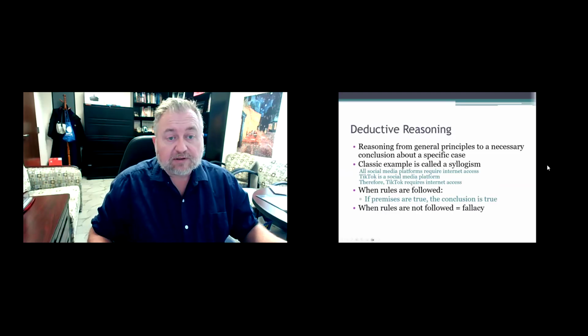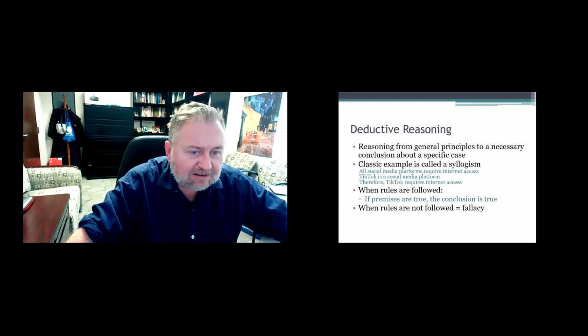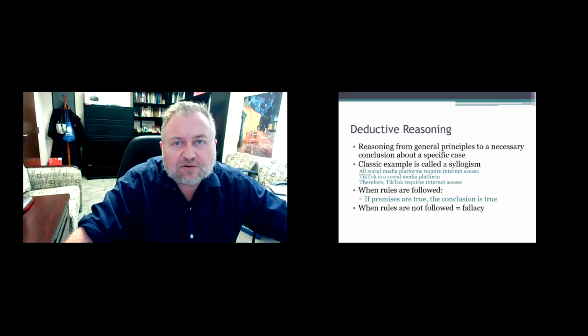All right, let's start though with deductive reasoning. So defined here as reasoning from a general principle to a conclusion about a specific case. I have a syllogism here, but I didn't put the classic syllogism on the slide. So this is like Intro Philosophy 101 or Intro Logic 101.